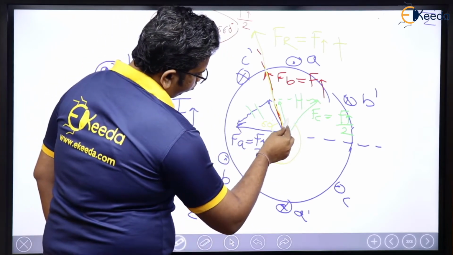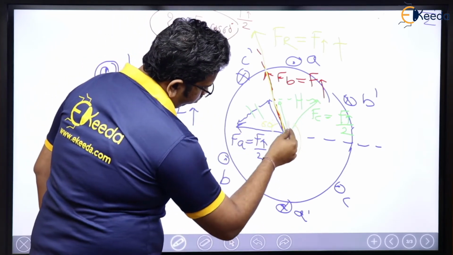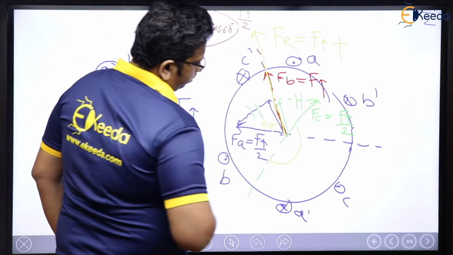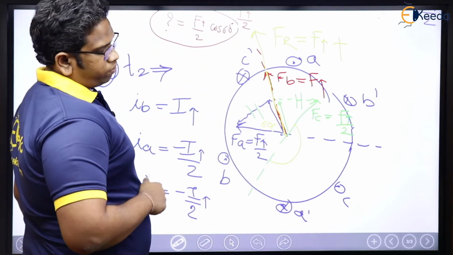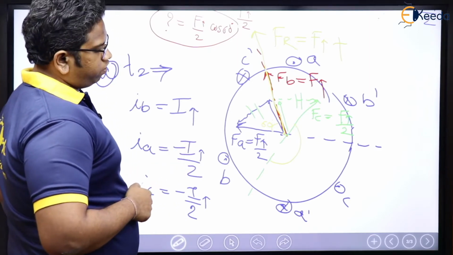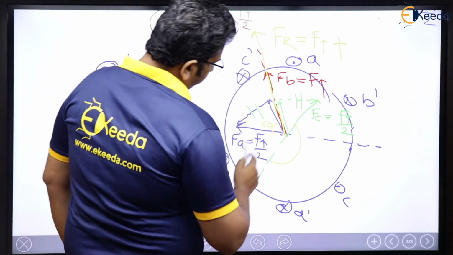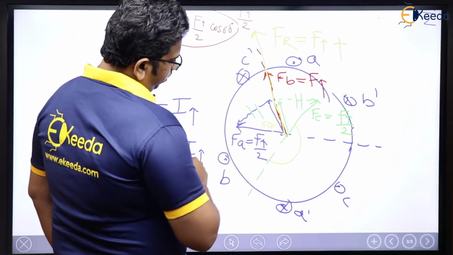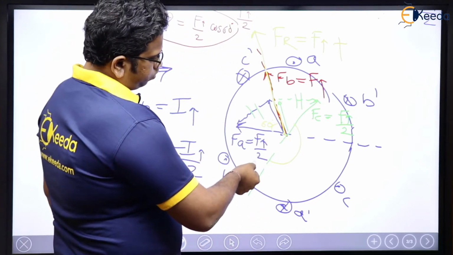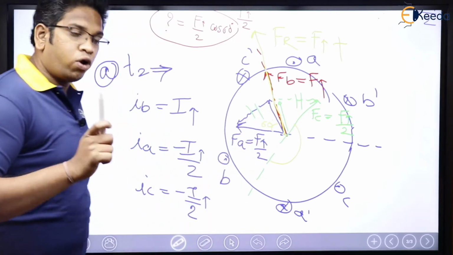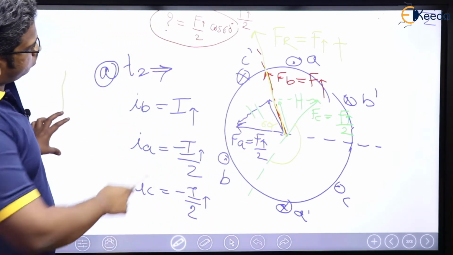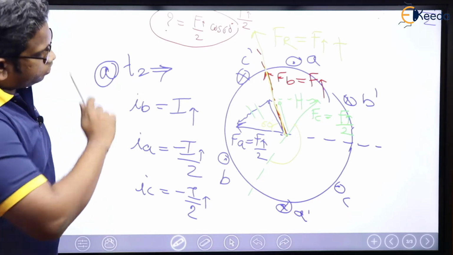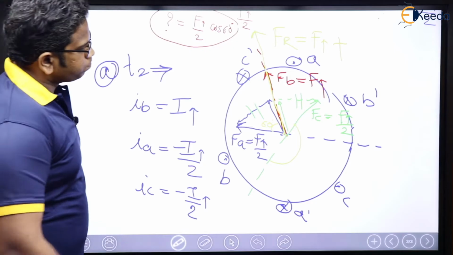Between FA and FC, the angle is 120 degrees. So 180 minus 120 will be 60 degrees, right? So the value will be nothing but F max by 2 cos theta. We have already discussed how we got this cos theta. See here.